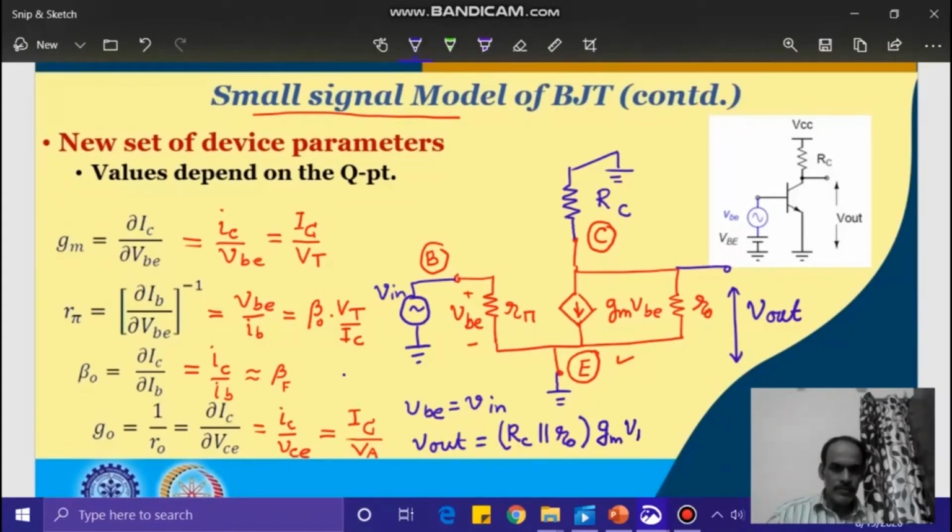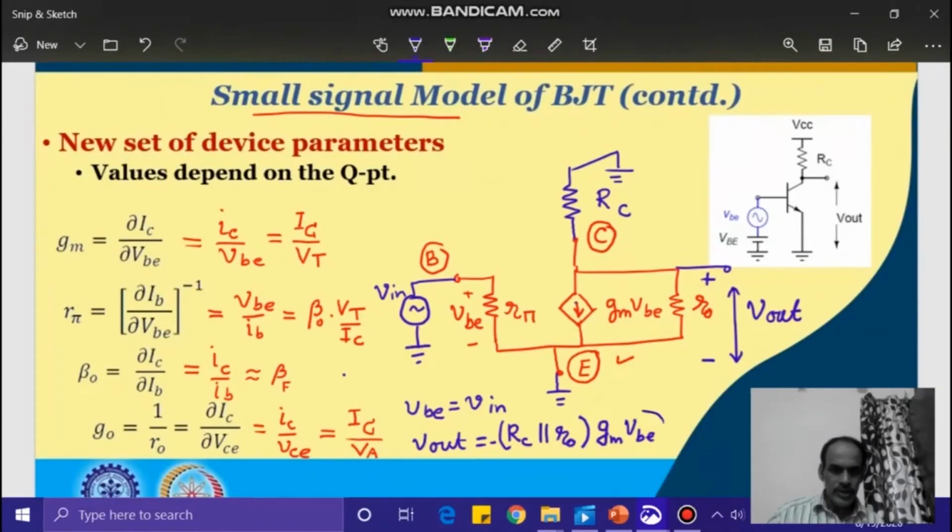If you see the polarity of the current, and I consider this as the polarity of the developed voltage, plus here and minus here, then we get a minus sign. And also of course this VBE is V in.